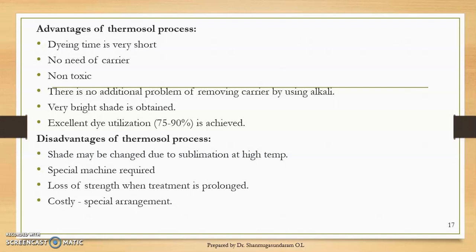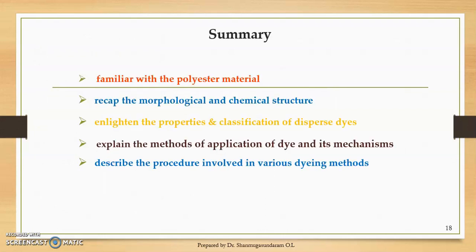Loss of strength may happen when the treatment time is prolonged. The strength of the fabric is going to get reduced. These things were already discussed in the previous slides. The cost of the dyeing process is a little bit high when compared to the high temperature, high pressure dyeing method, and similarly the carrier dyeing method.